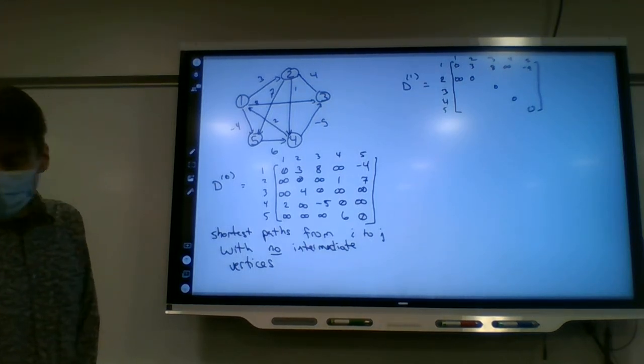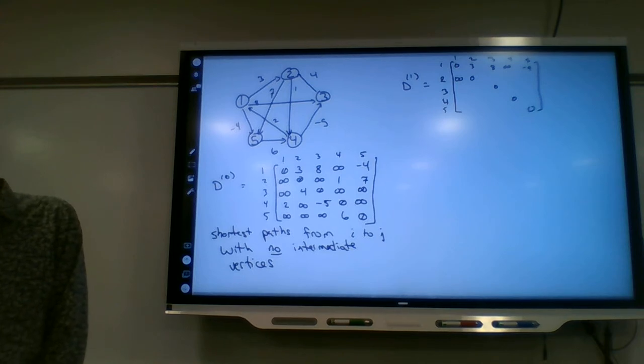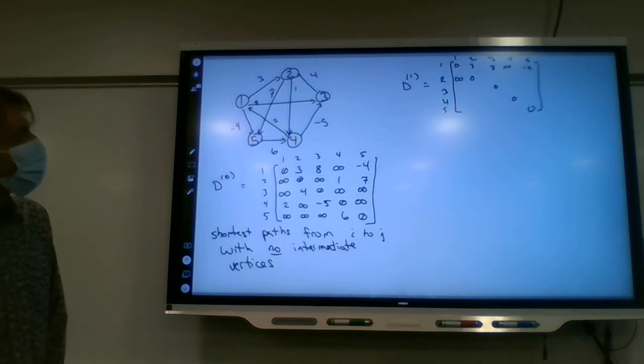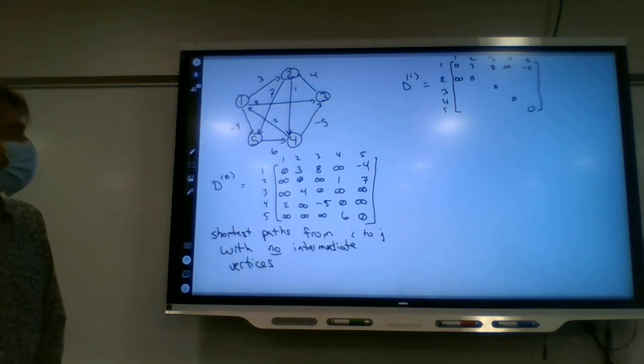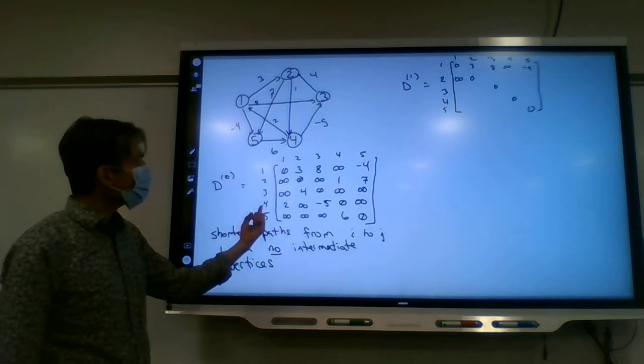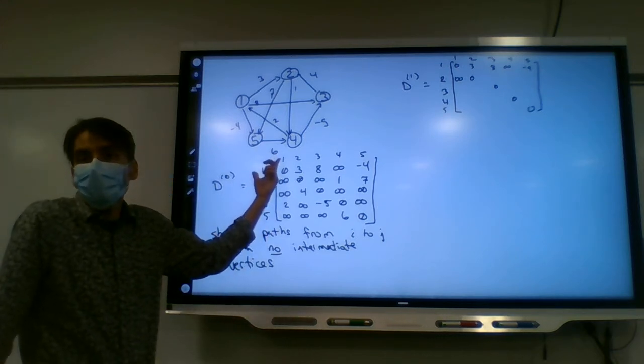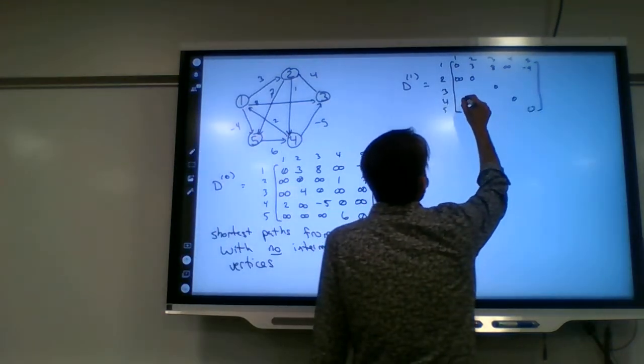What about from 2 to 3? Well, it turns out in this particular case, let's jump down to row 4 because this is the only one that has any changes. All right. So going from 4 to 1 and being allowed to go through 1 still gives us a 2.